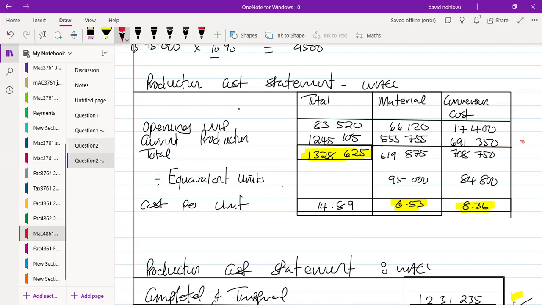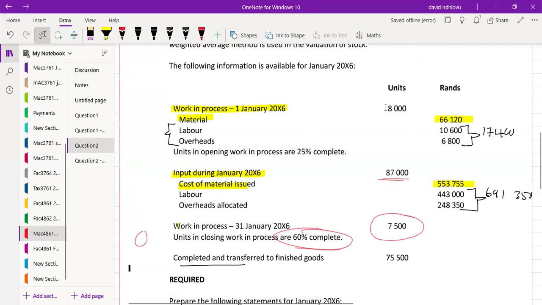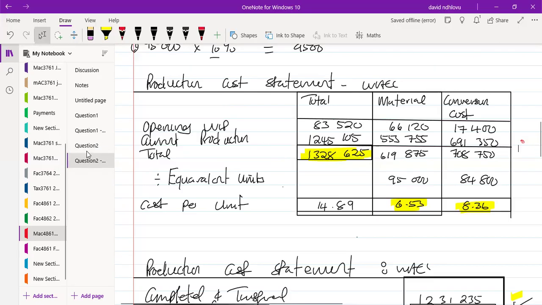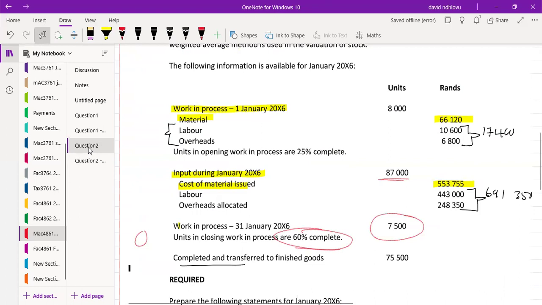Maybe it's the one that was in the statement. That 553 is the one that was in the statement. I think we should just show us the question so that we can check these figures. I think there is 553 there. Yeah, if we add 553,755, we're happy with that.